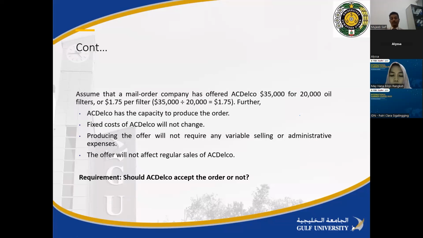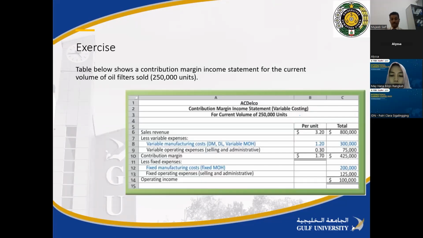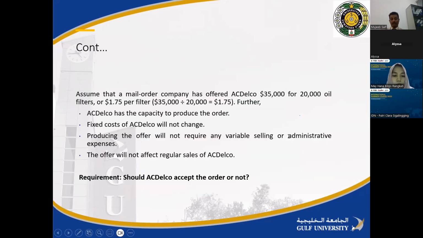So, if you see the price, how much will they pay us? Our normal sales price in the question is 3.2, right? While this organization, a mail order company, will pay us only 1.75.